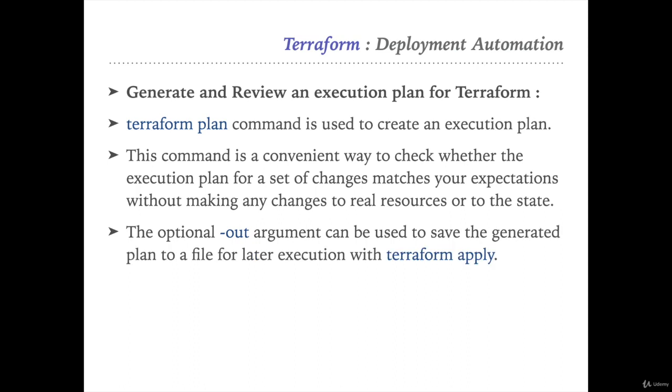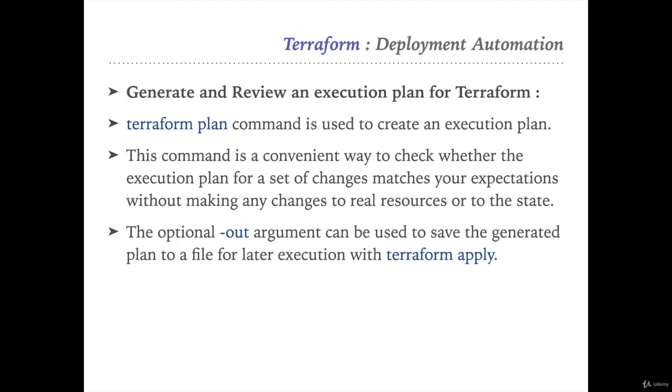We can also store the output of terraform plan with the help of the -out argument. This is an optional argument, but you can use terraform plan -out to save the generated plan to a file for later execution with terraform apply. You can generate multiple plan files, and execute a specific plan file with the terraform apply command.